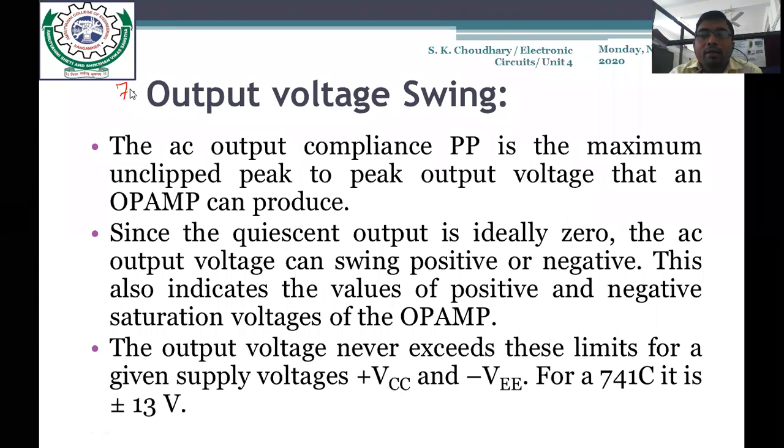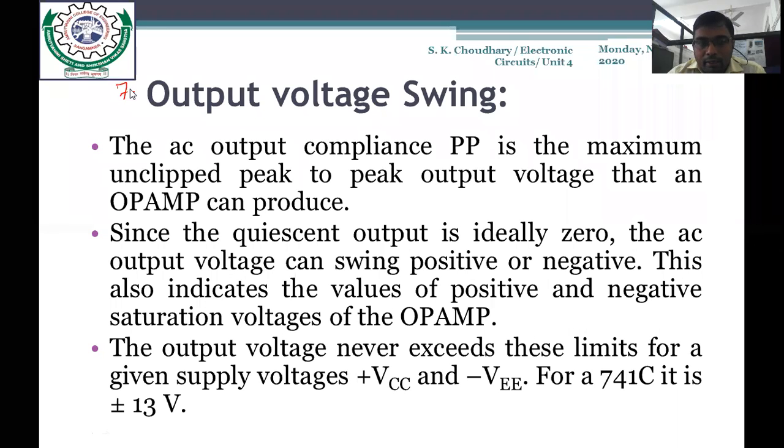Generally for the 741 IC, it is plus minus 13 volt. We will see later on how the output voltage swing is represented.